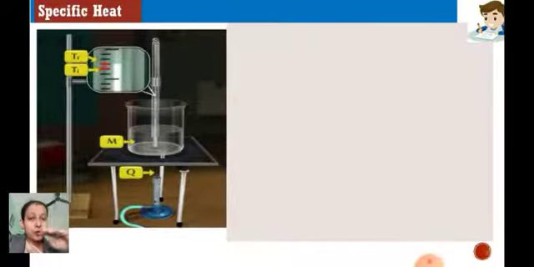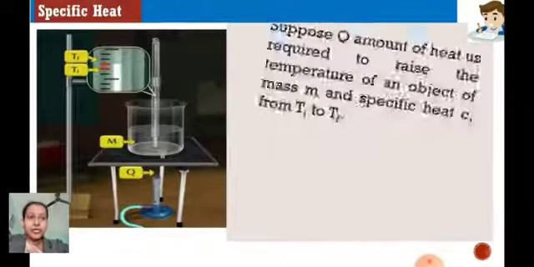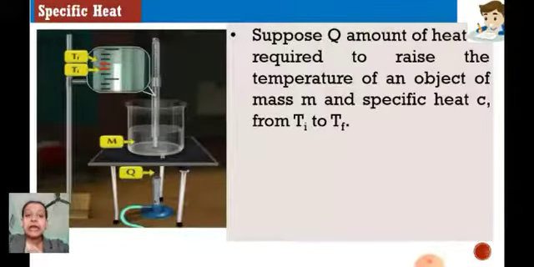So the lower temperature is taken as the initial temperature, and it is designated by the letter Ti. When the heat is given, its temperature will start rising.